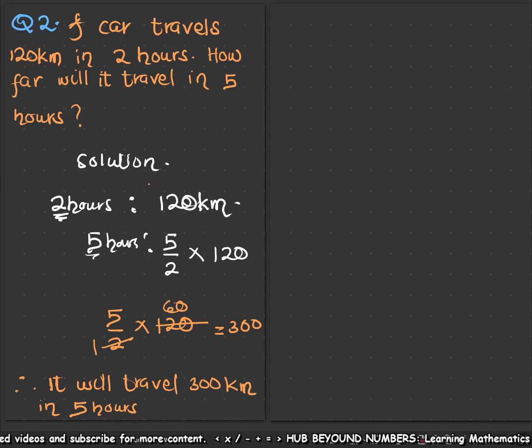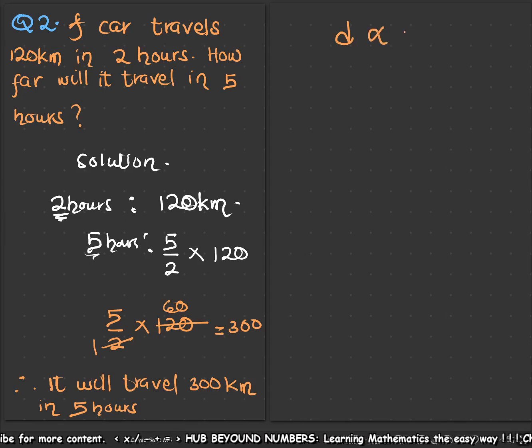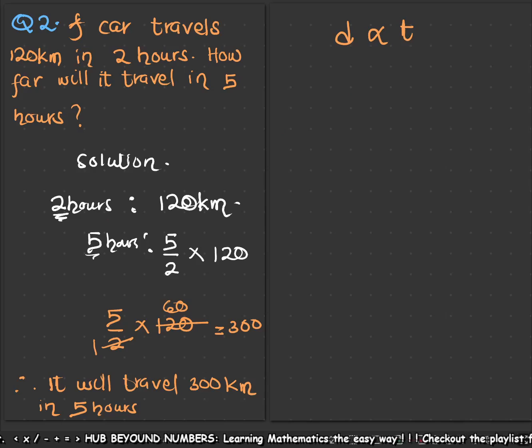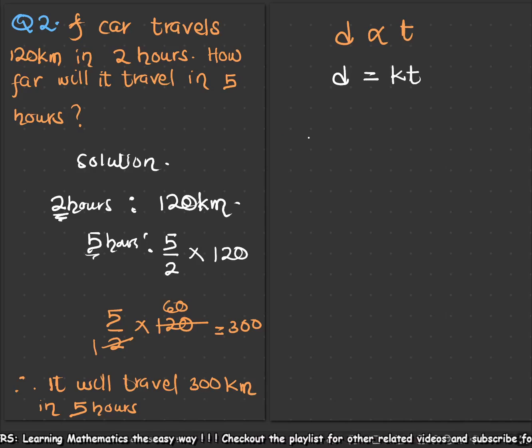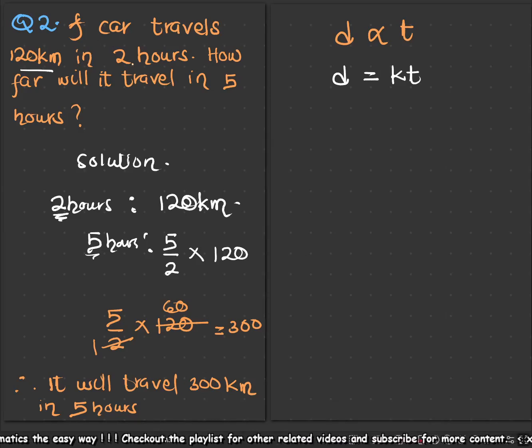The distance is directly proportional to the time taken. And we now want to change it. So we have distance is equal to kt. Now use your first set of values, that is 120 and then 2 hours, to get your k.